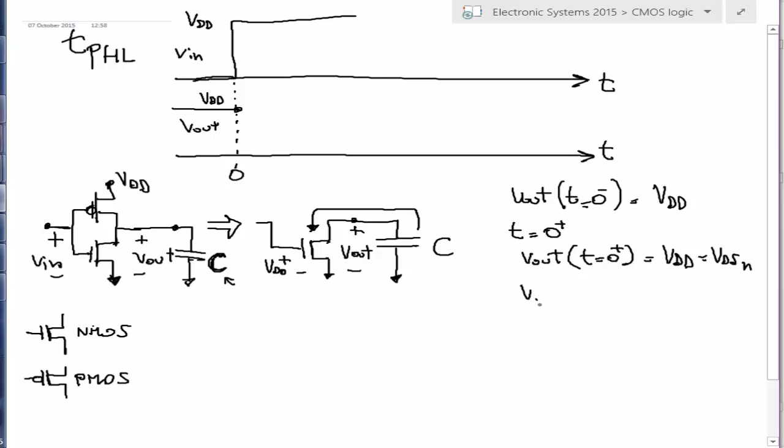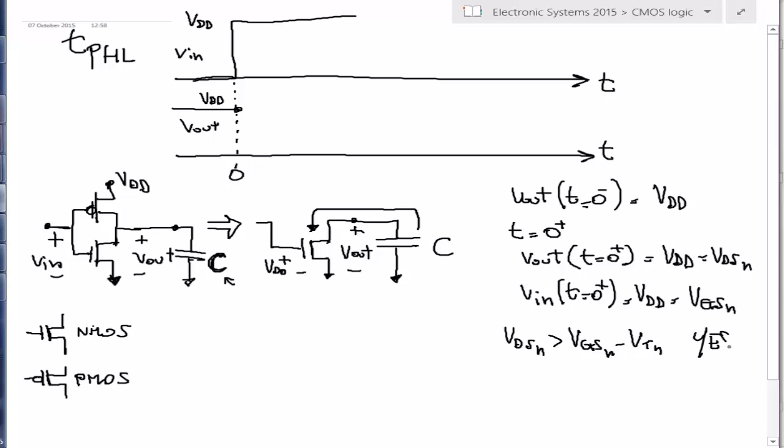And the Vin at T equals 0 plus, by construction, is equal to VDD, and this is the VGS N. Of course, in this situation VDS is equal to VGS, so VDS N is larger than VGS N minus VTN, and therefore the transistor is in saturation.